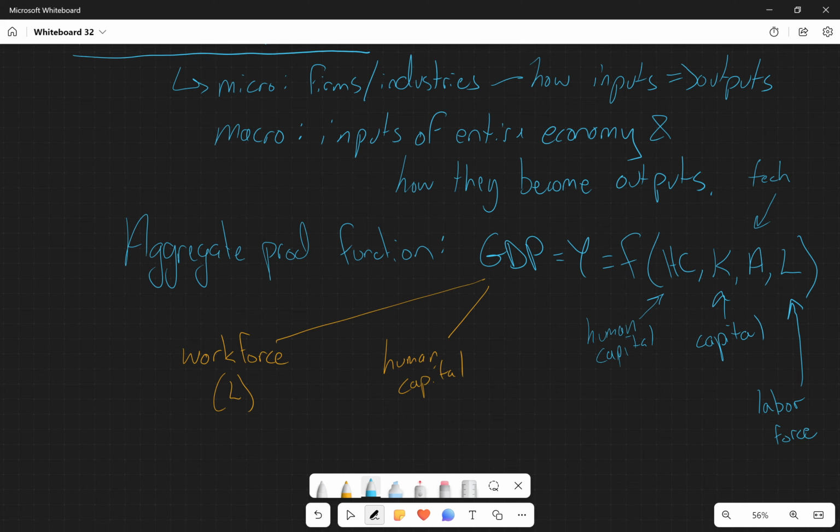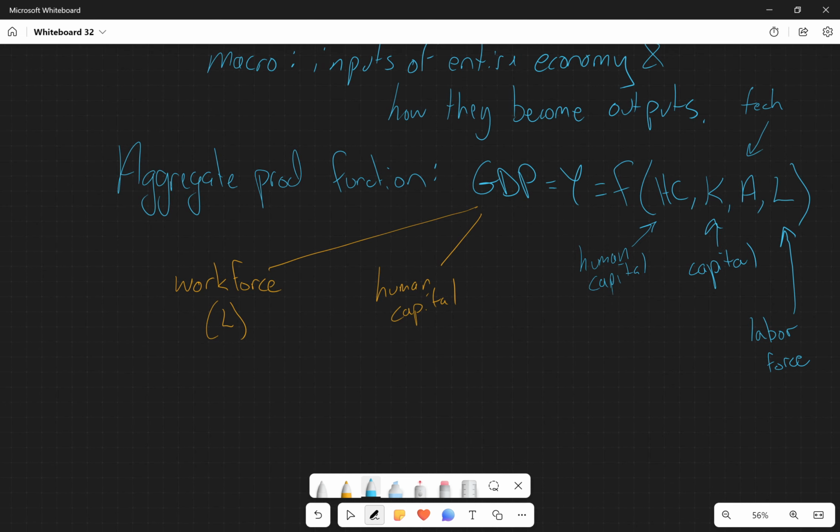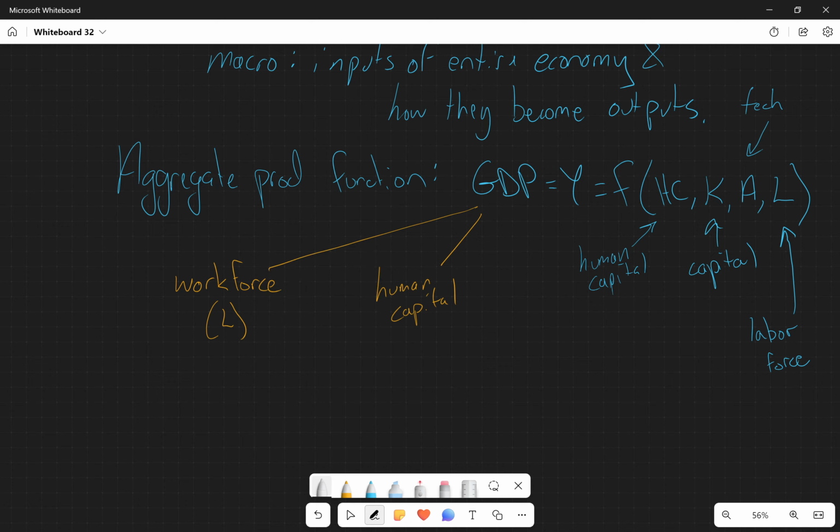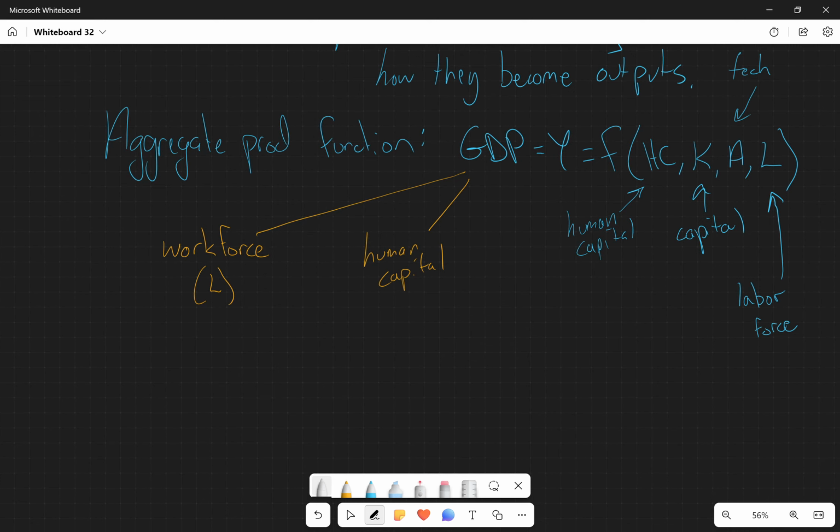So one of the things that we find when we are looking at this aggregate production function and we're trying to figure out what's happening with the growth rate of an economy, we will oftentimes, instead of looking at the GDP writ large, look at just the GDP per capita.